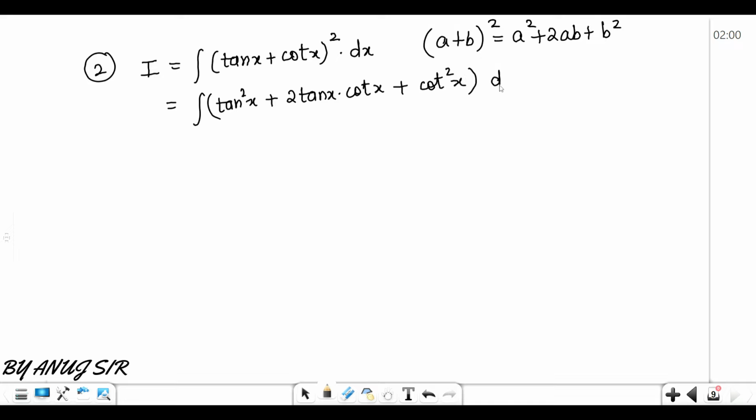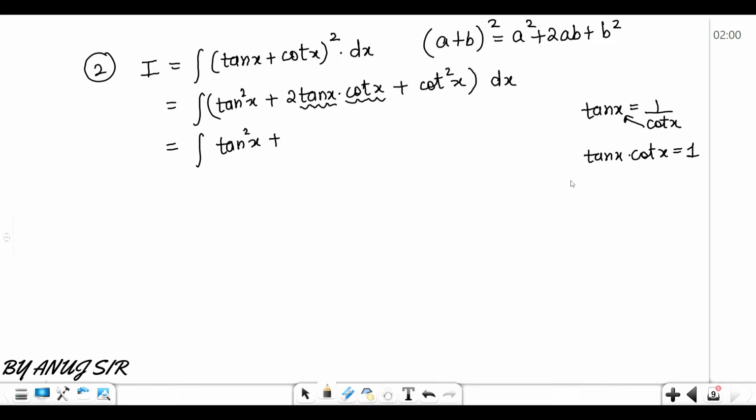dx. Okay, then what we can do, keep the tan x as it is. We know that tan x and cot x are nothing but the reciprocals of each other. Okay, if you remember, tan x is nothing but 1 upon cot x. So if you take the cot x here, that will give you tan x into cot x, which is equal to 1.